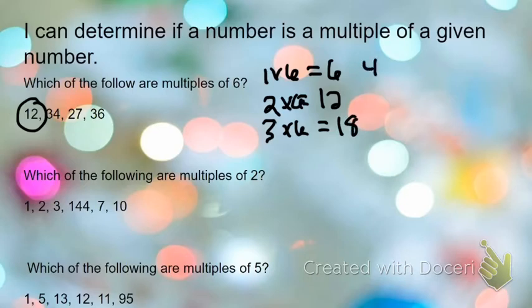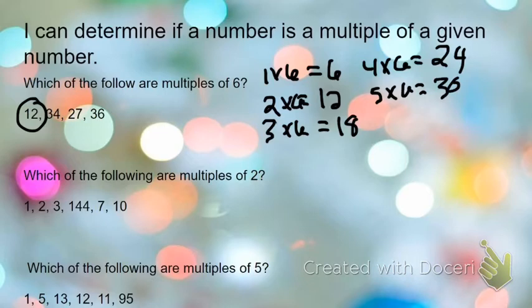And then 4 times 6, what would that be? That would be 24 if I doubled that 12, right? 5 times 6 equals 30. Oh, I'm getting close to this 34. 6 times 6 equals 36. Okay, well, 34 is not 36. I passed 34, so that's not a multiple.